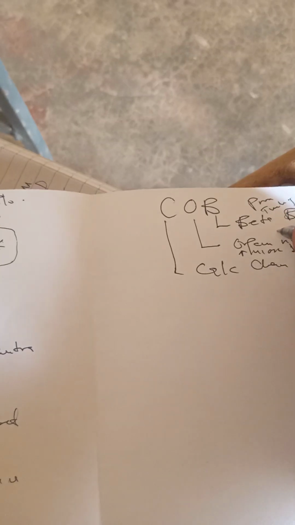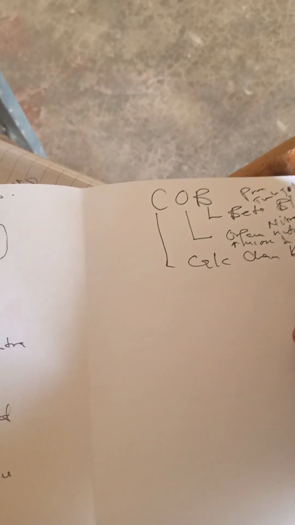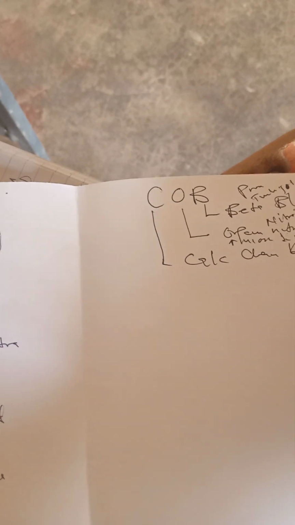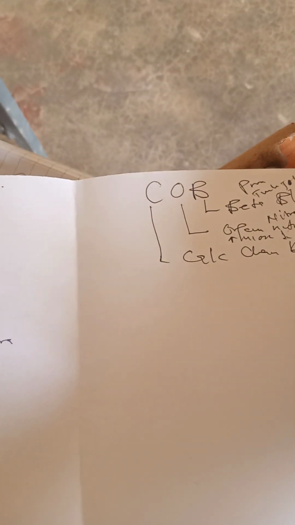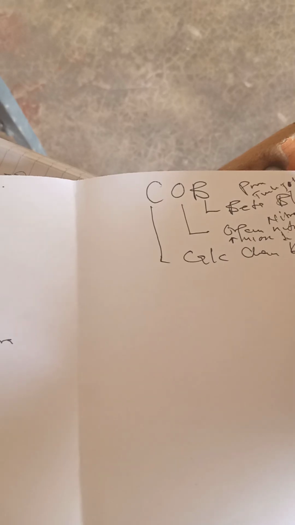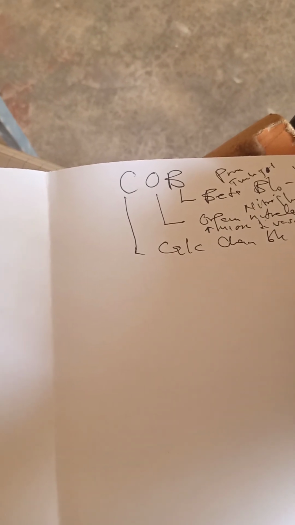Coming to the organic nitrates, we are having drugs such as nitroglycerin, isosorbide mononitrate, and isosorbide dinitrate.